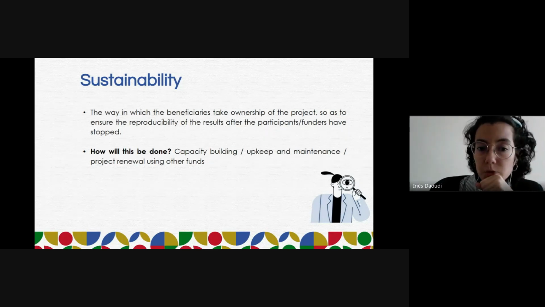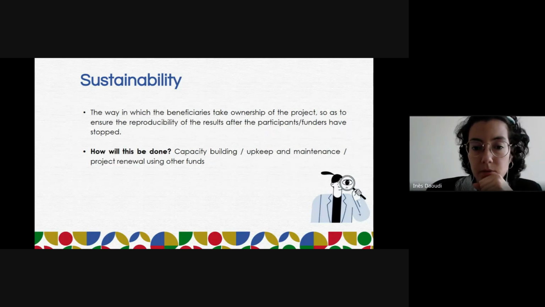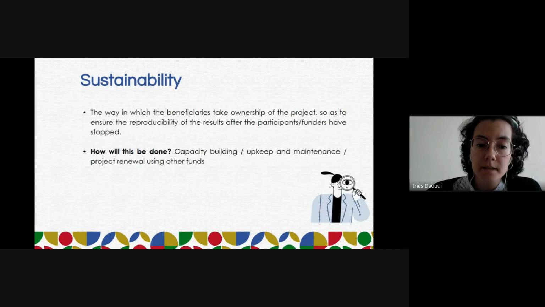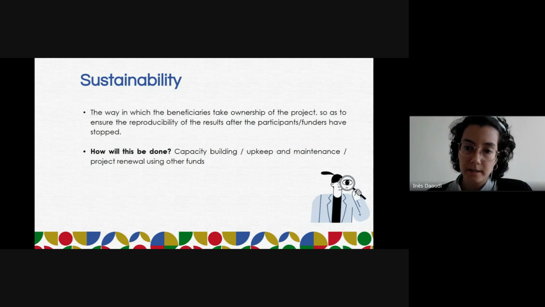The project should also include training and skills development activities to enable beneficiaries to manage and sustain the project, such as capacity building, promoting active participation, supporting the creation of a community-based organization, and facilitating access to resources.